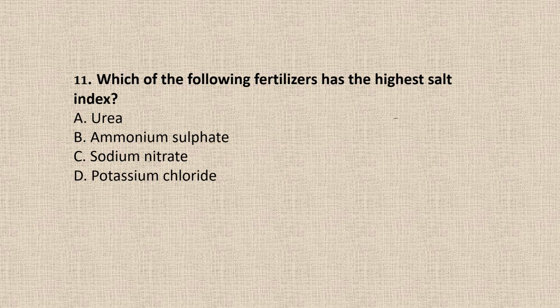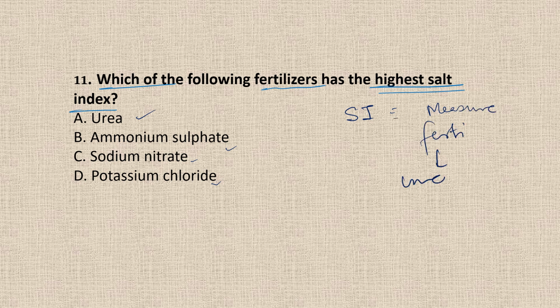Now the next question is, which of the following fertilizers has the highest salt index? Options are urea, ammonium sulfate, sodium nitrate, and potassium chloride. So what is salt index? Salt index is basically the measure of how much a fertilizer will increase the amount of salt in the soil.